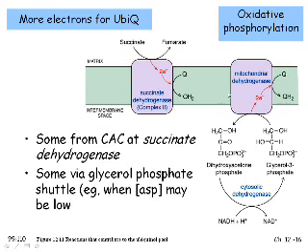Some other places where we can get electrons into the electron transport chain is through what's called the glycerol phosphate shuttle. If we don't have very much aspartate, we can still get electrons from NADH from the cytoplasm into the mitochondrion. The electrons from the NADH can be used to generate glycerol 3-phosphate. That can move through the membrane into the mitochondrial matrix.